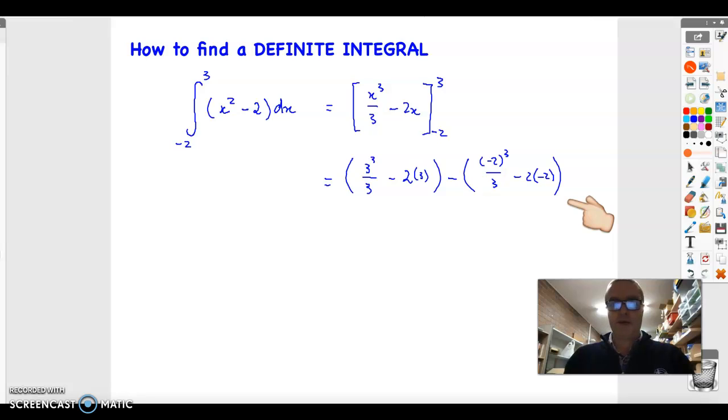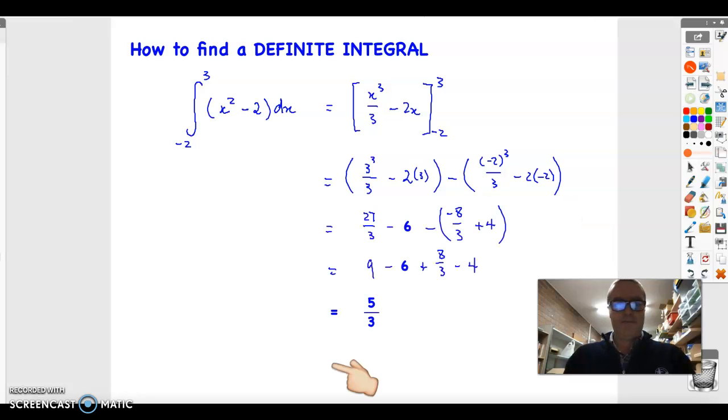I've kept everything in brackets, and you can see here I've just finished off the problem, being fairly careful about the way that I expand brackets, particularly when I'm dealing with values that are negative. So essentially we end up with a value that is 5/3. So we would say that the definite integral of x squared minus 2 from x equals -2 to 3 is equal to 5/3.